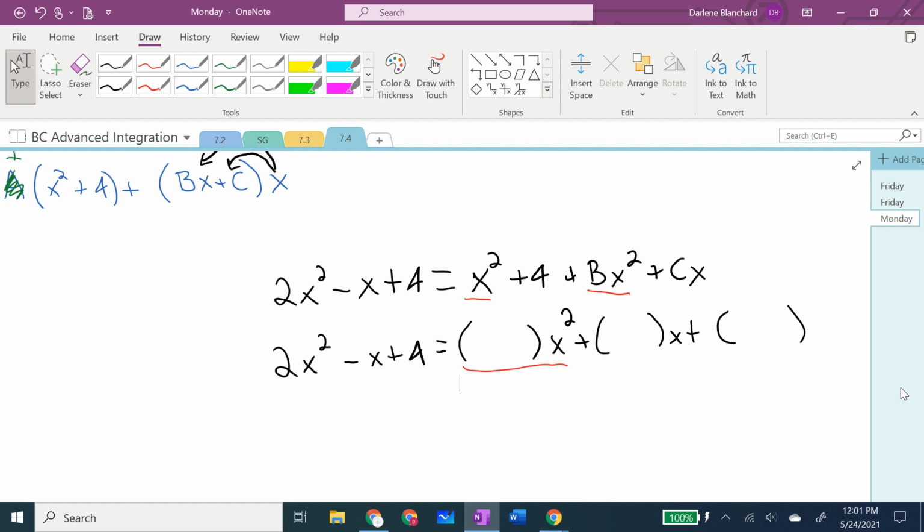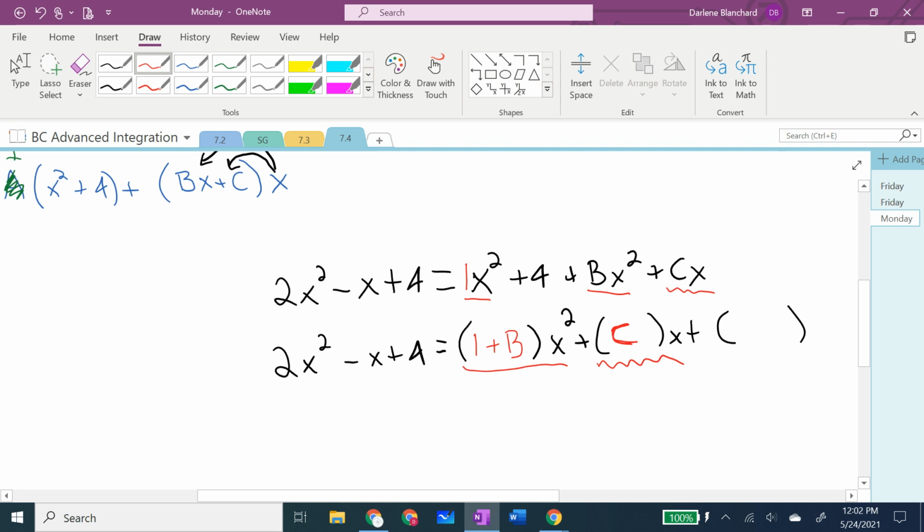How many x squareds do I have on the right side? I have 1 plus b. How many x's do I have on the right side? I have c x's.